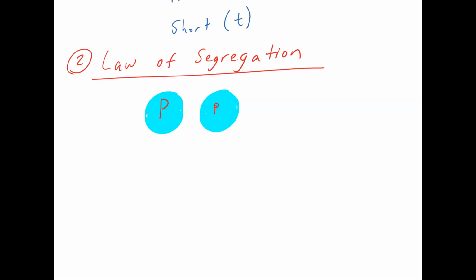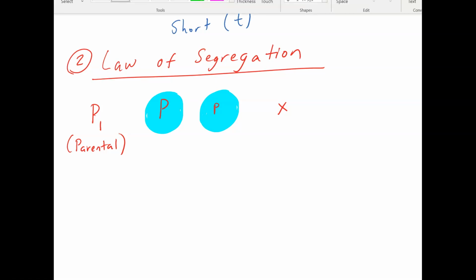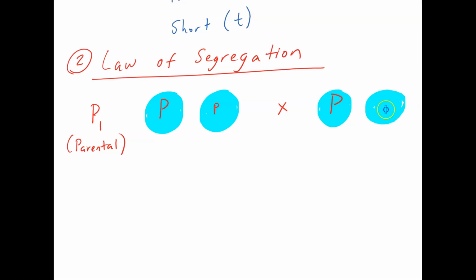Okay, so we're going to cross that. We're going to say that this is the P1 generation, or the first parental generation. And we're going to cross this now with another flower, and we'll say this one again has purple, but this one's homozygous dominant for purple, so it's going to be two large P's.